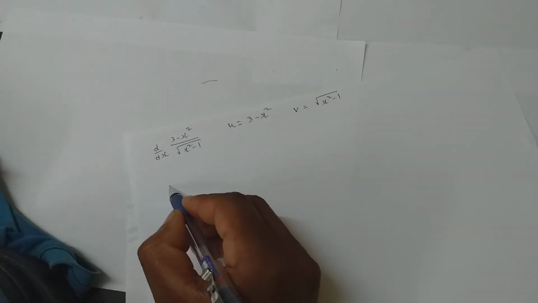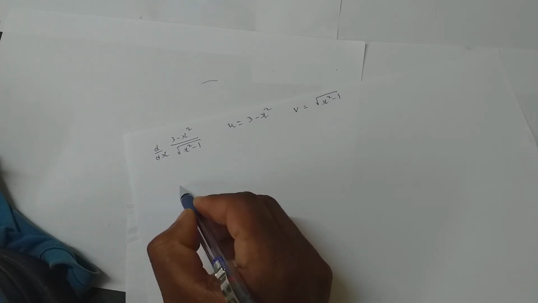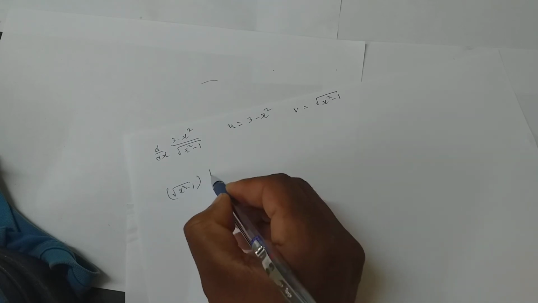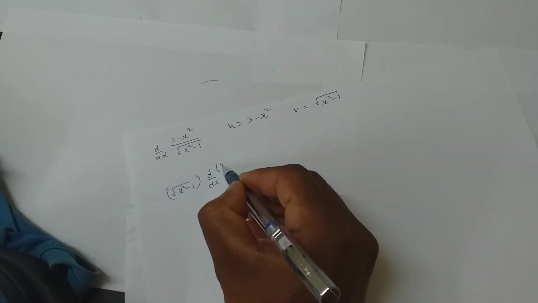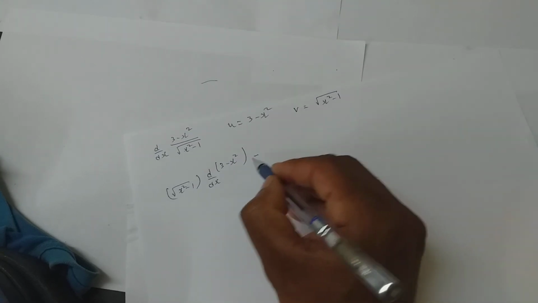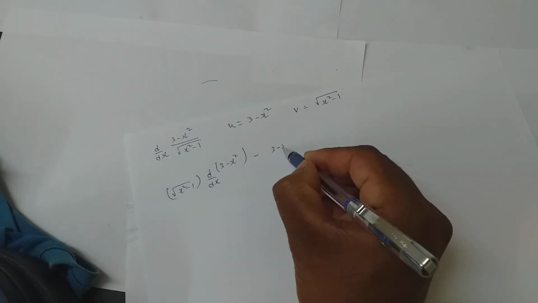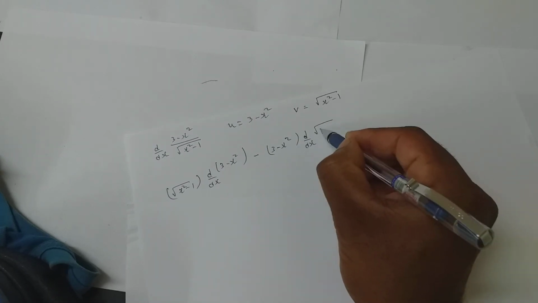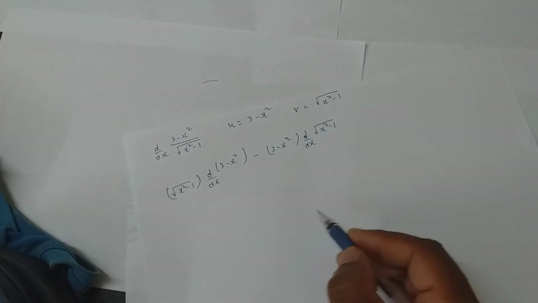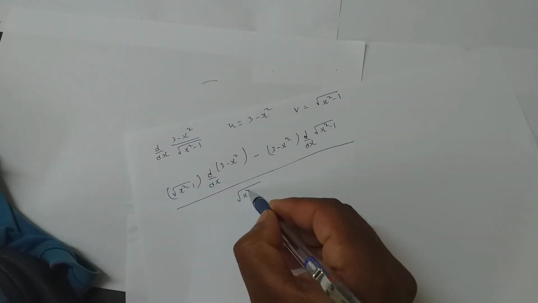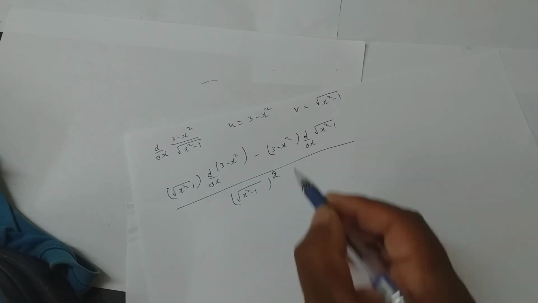Now first we differentiate u and write v as it is, into d by dx of (3 minus x square), minus, this time I differentiate v. So (3 minus x square) into d by dx of root of (x square minus 1) by v square, so root of (x square minus 1) whole square.